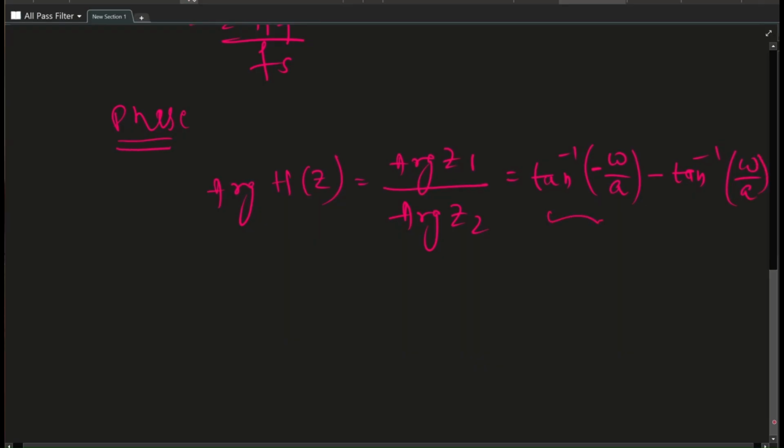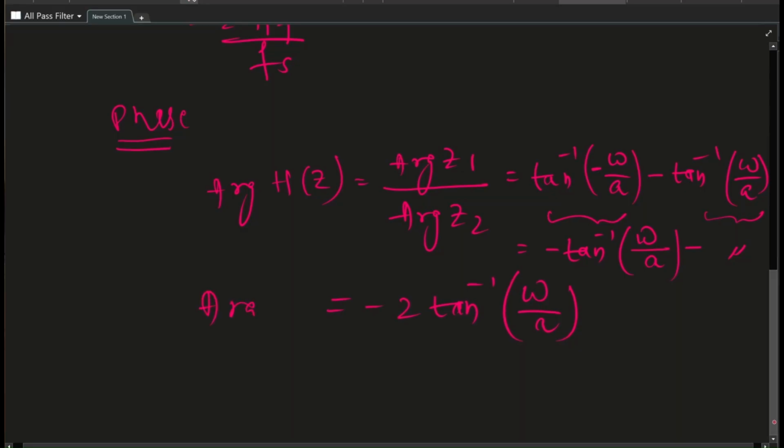Now this particular term can be rewritten as minus tan inverse omega by alpha, and this term remains the same. So what it finally becomes is, now both these two terms are the same, so they will combine together, and this is the final result.